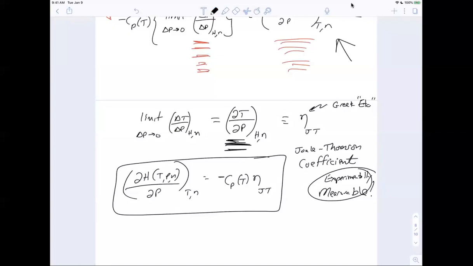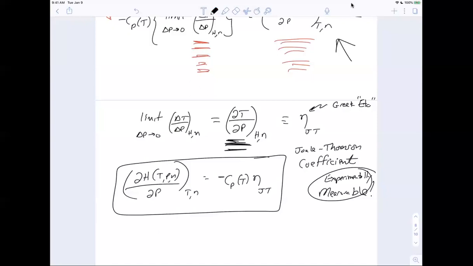Just as with the Joule free expansion, we saw that we could construct experiments that let these state functions not change. In Joule free expansion, delta U is 0, and in this case, delta H is 0. So that's one thing.